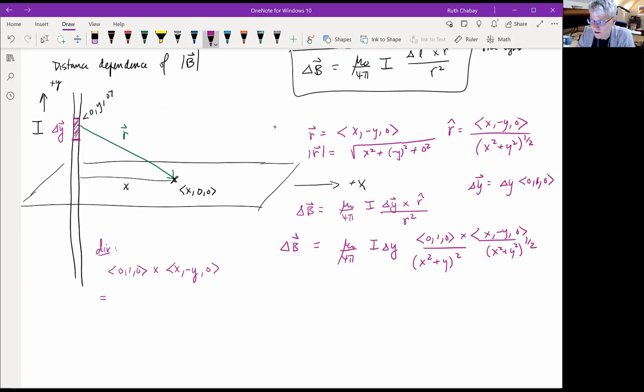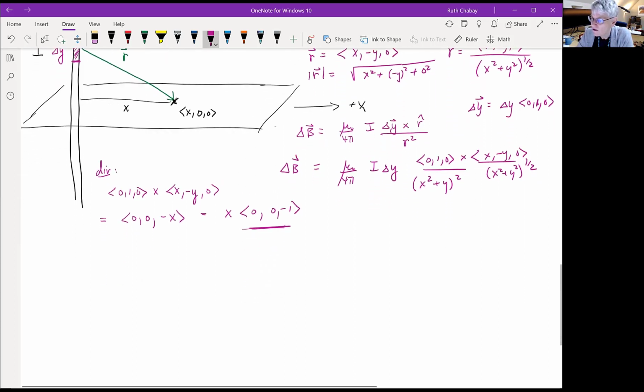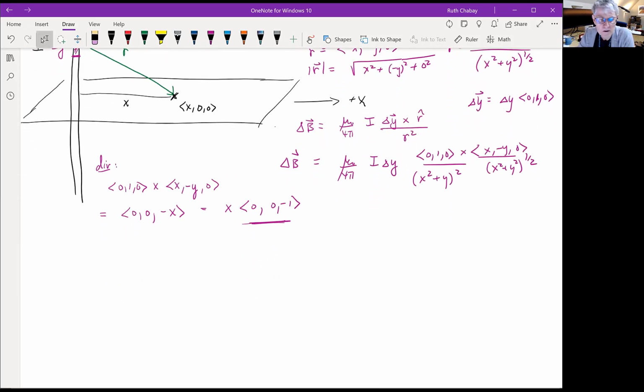If you work out all the terms, that cross product comes out to x times 0, 0, negative 1. So we know that the direction is going to be in the negative z direction. And so now all we need to worry about is magnitude.